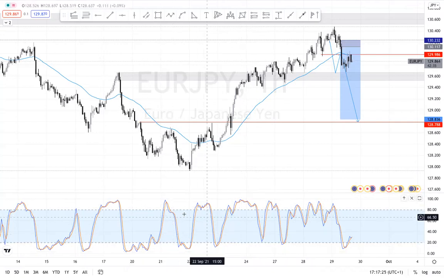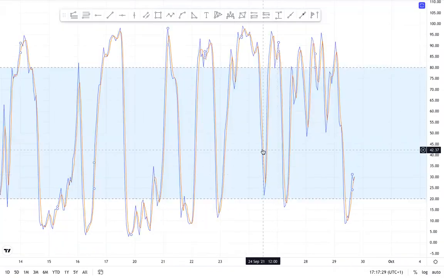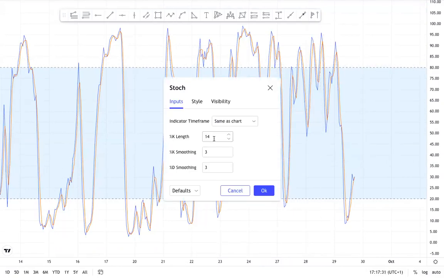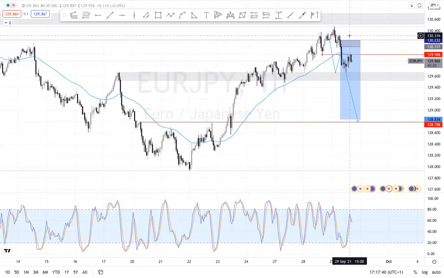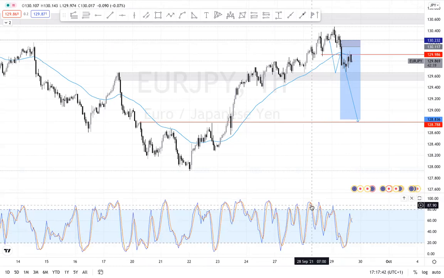If I switch this to, let me say, 5, 3, 3, which is the length, which is the candlesticks, you see it changes. So it takes account of 5 periods.